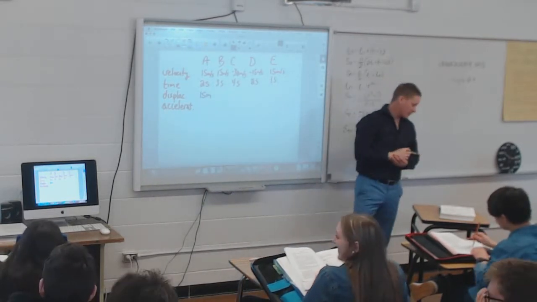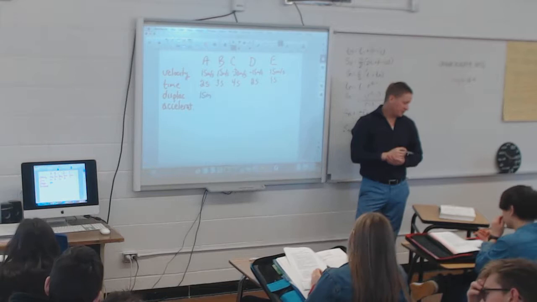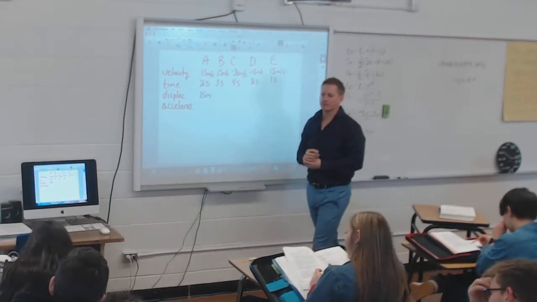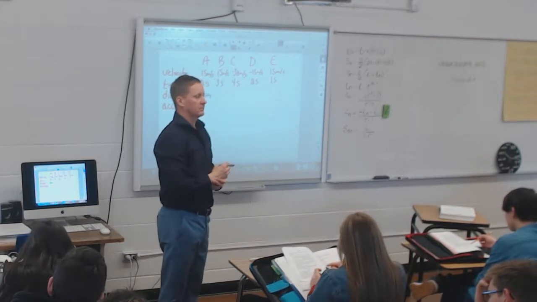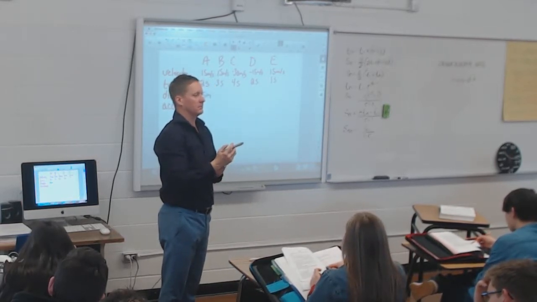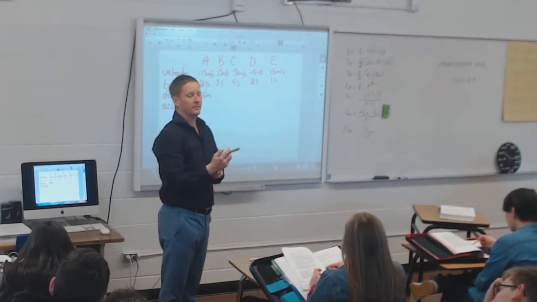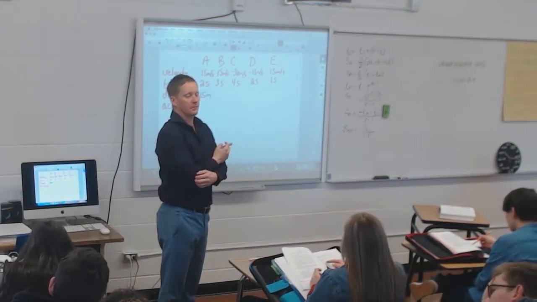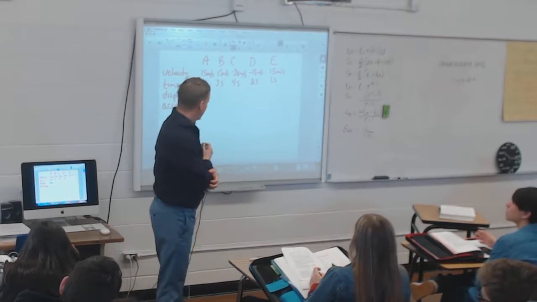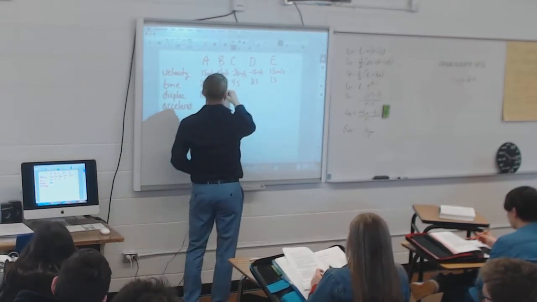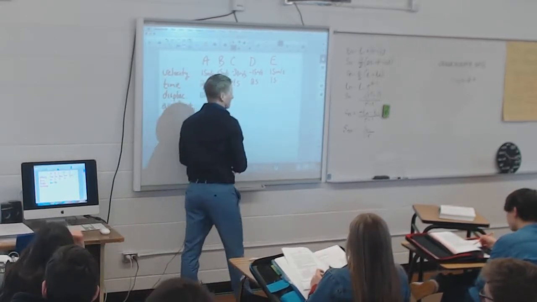In the positive direction. From 2 seconds to 5 seconds, how far does he go? Then you go 15 times 3, 45 meters. 45 meters. Still in the positive direction.